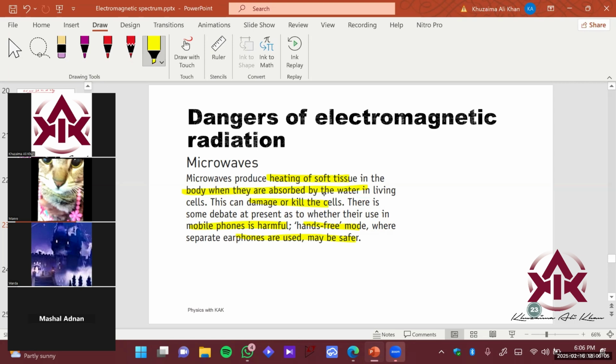When microwaves hit your ear or any part of your body, they can damage your cells. Whenever you talk over a call without using headphones or earphones, you are directly in contact with the mobile phone, with your ear or the part of your brain, which is constantly getting hit by microwaves.